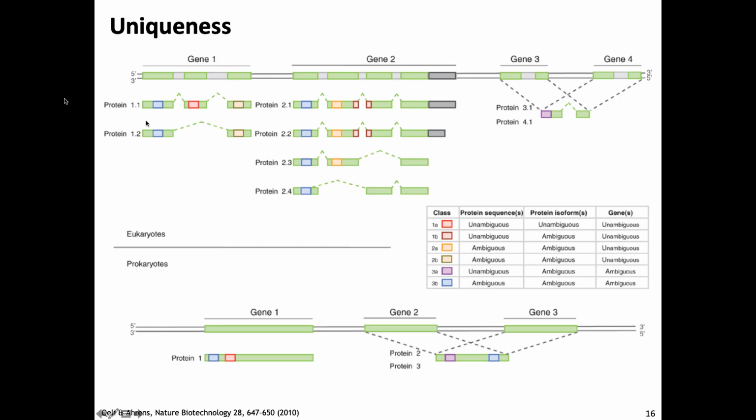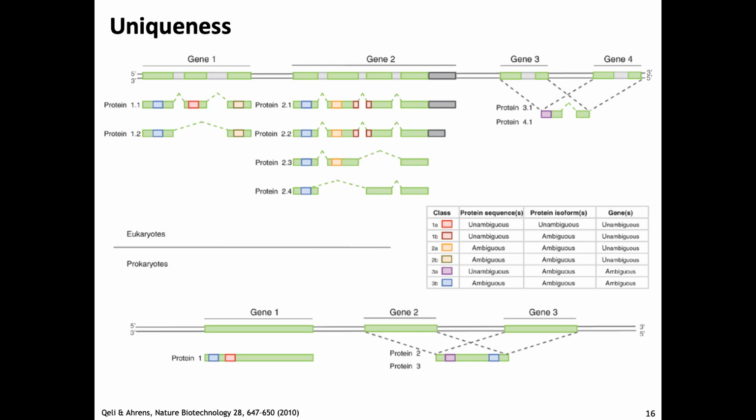So there are different levels of uniqueness, up to this peptide here that occurs in multiple genes. If you see this guy, you know that you have products from gene 1 or gene 2, either one of them or both, and you can't keep the two apart. So there are different types of ambiguousness there.